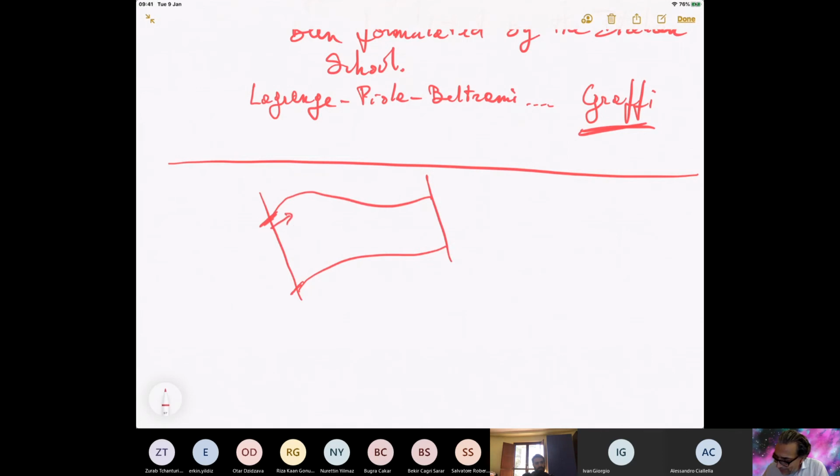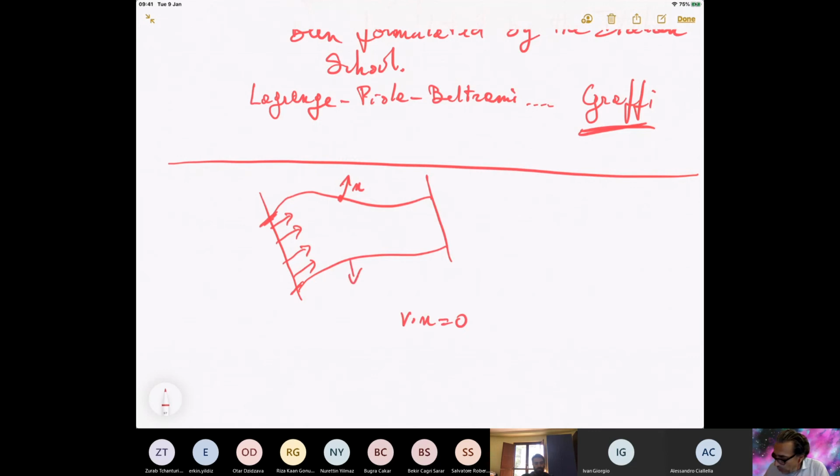So Graffi proved that, let us divide the boundary in three parts. One part is where no outcoming flow is applied, so the part where V dot n is 0.